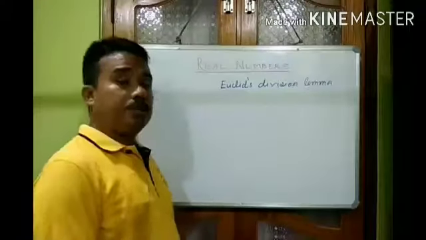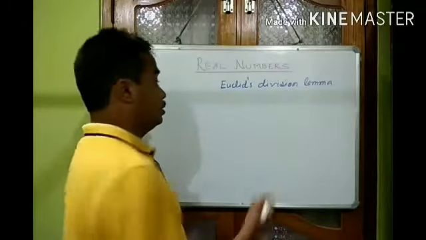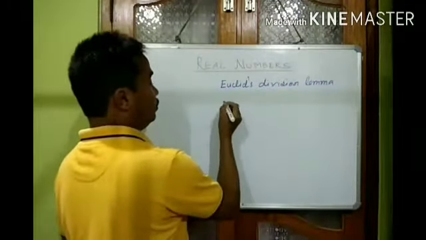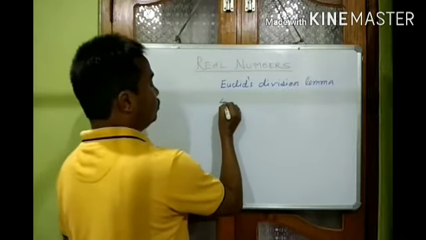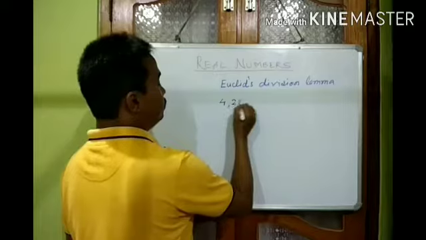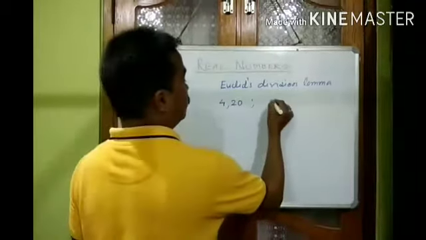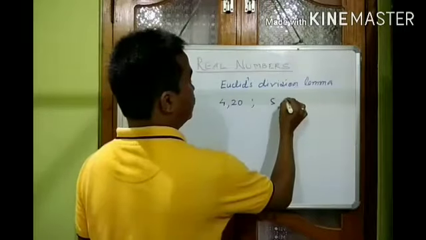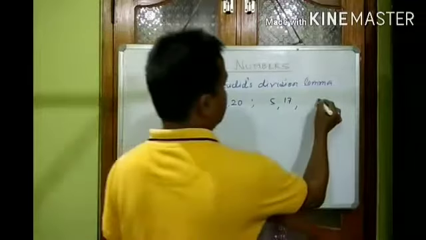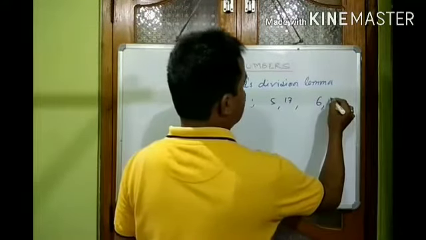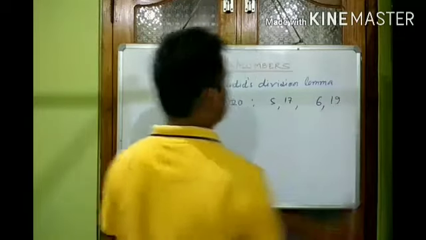To understand Euclid's division lemma, let us take the following pairs of integers: 4, 20; 5, 17; 6, 19.